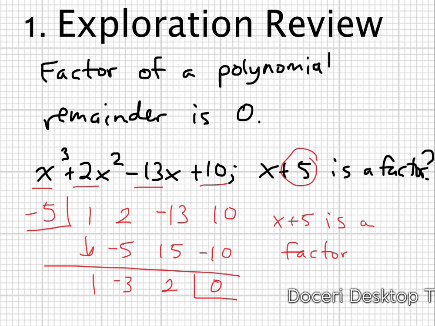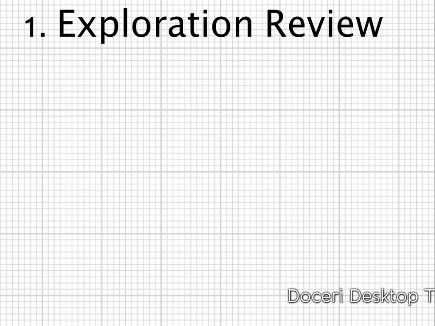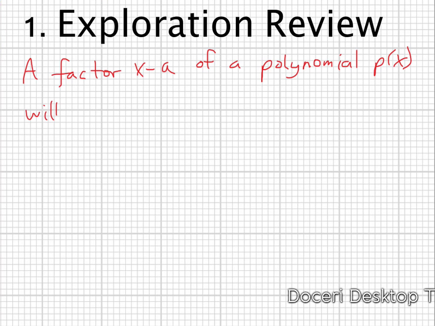If you have a polynomial, p of x, well, I should say a factor x minus a of a polynomial p of x will have a remainder of 0.